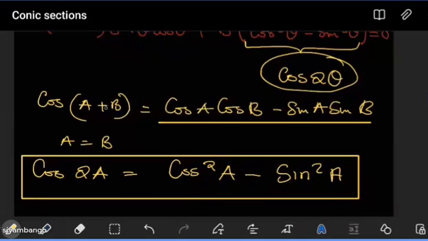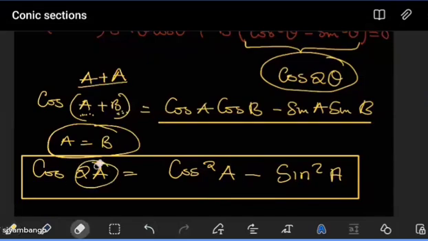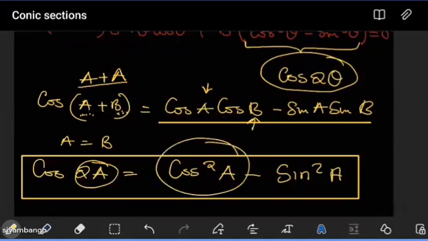But if the angles were the same, if A is equal to B, it means that you have A plus A, which is 2A, meaning that our cos A plus B is just cos 2A. So since this is cos A and this is also cos A, it becomes cos squared A. Have you seen that?